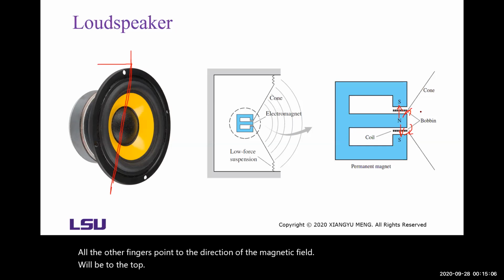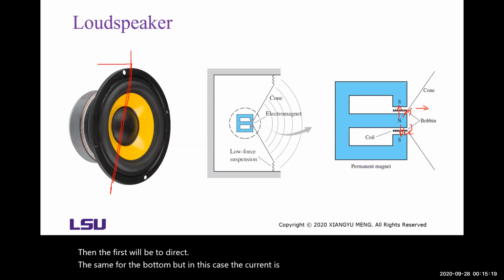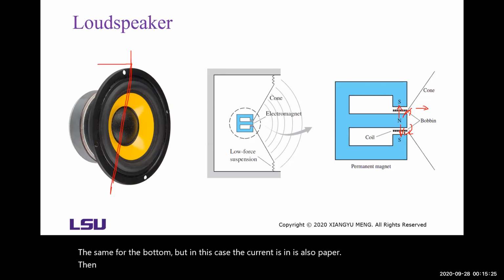Then the force will be to the right. The same for the bottom, but in this case, the current is out of the paper. Then the magnetic field is pointing downward. Then the force is still to the right.